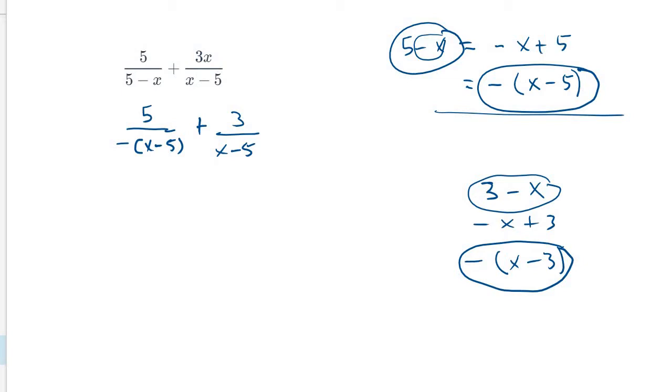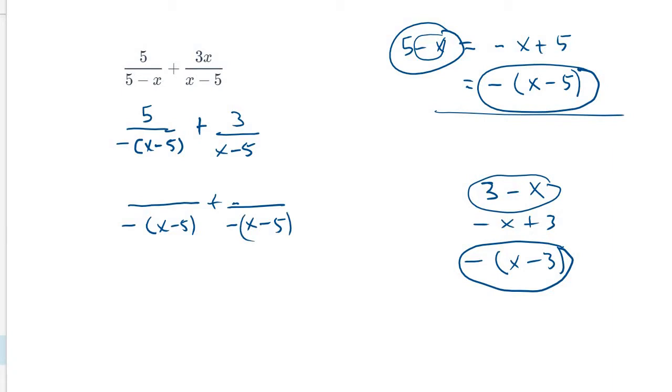Okay, so the denominator is almost the same now, except the left side has a negative. So what we can just do basically is to look for a common denominator of negative x minus 5. So like this. Common denominator is negative x minus 5, and plus negative x minus 5.